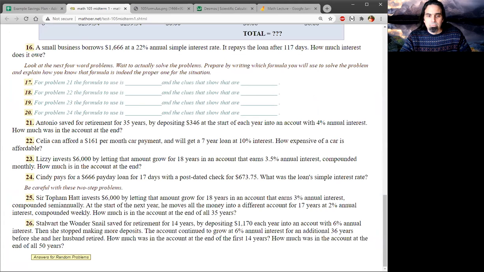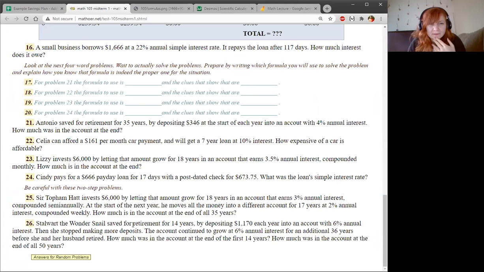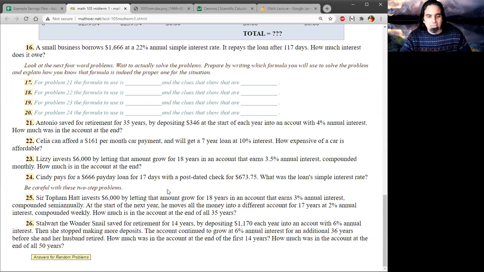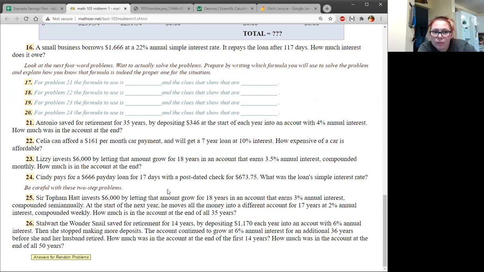Is it 25? Did we already do that one? It's going to be one of these four. 22.